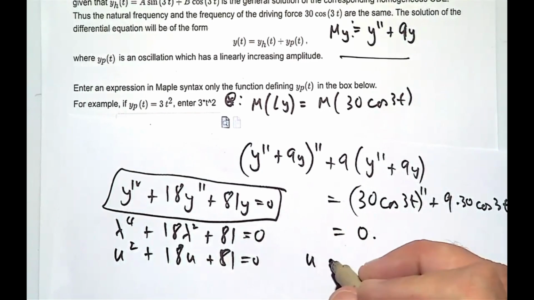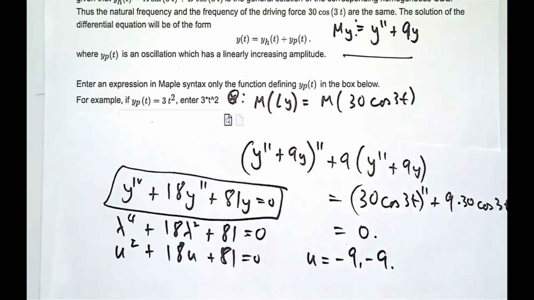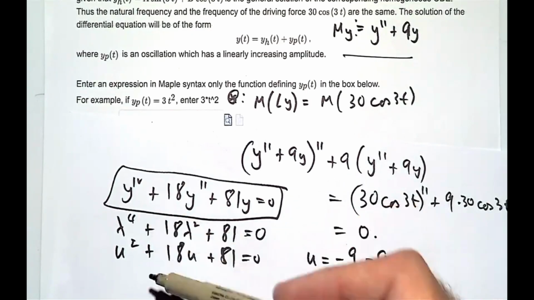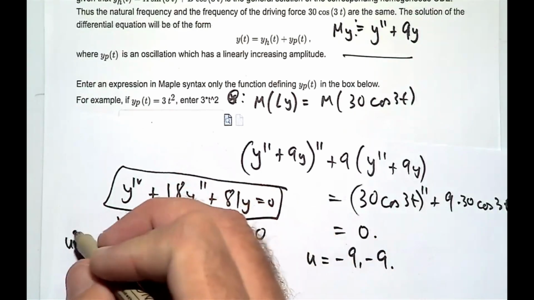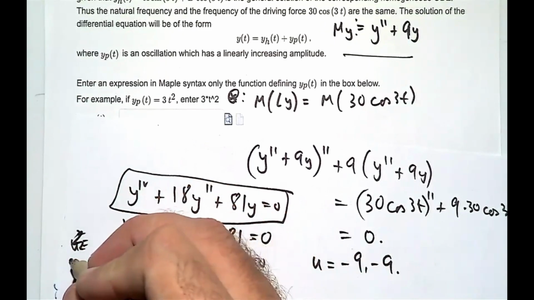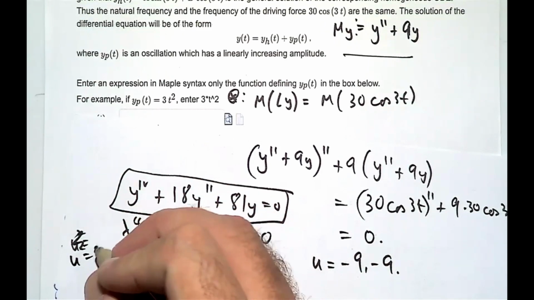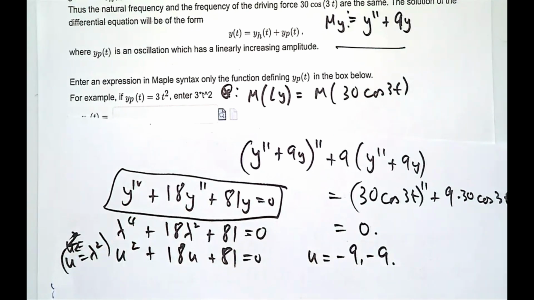So, yeah, negative 9 and negative 9. Okay, so when we went from here to here, I made the substitution. Yep. So let's take the square roots of those things. We're going to get positive and negative 3i.